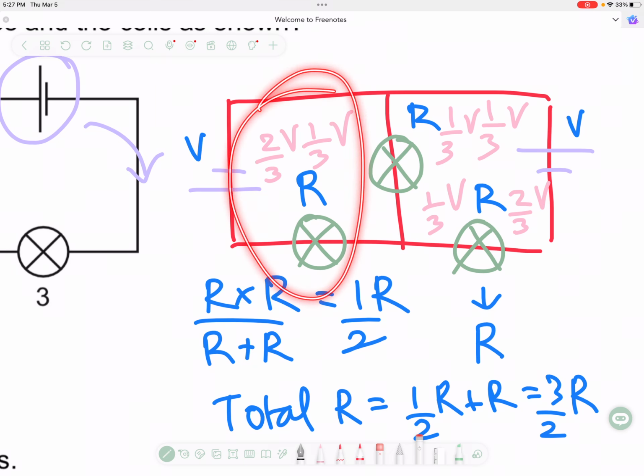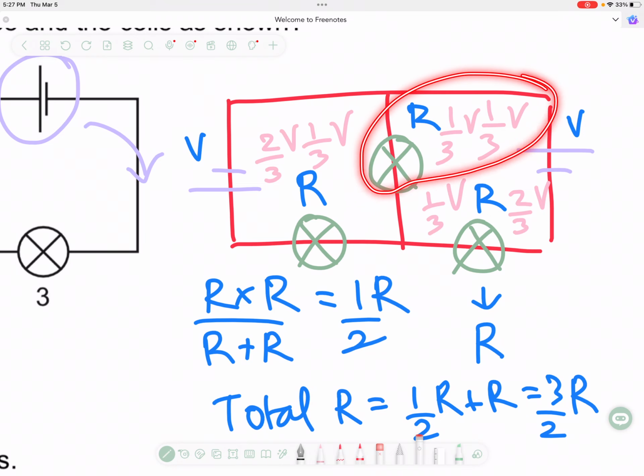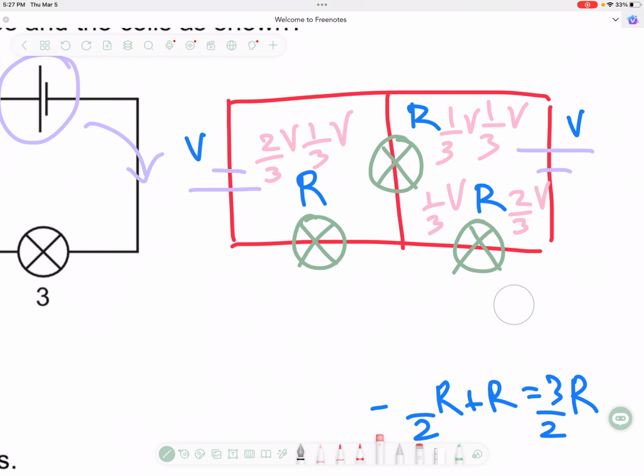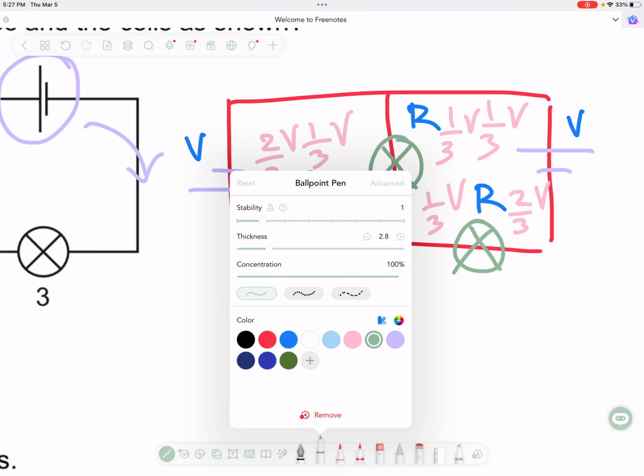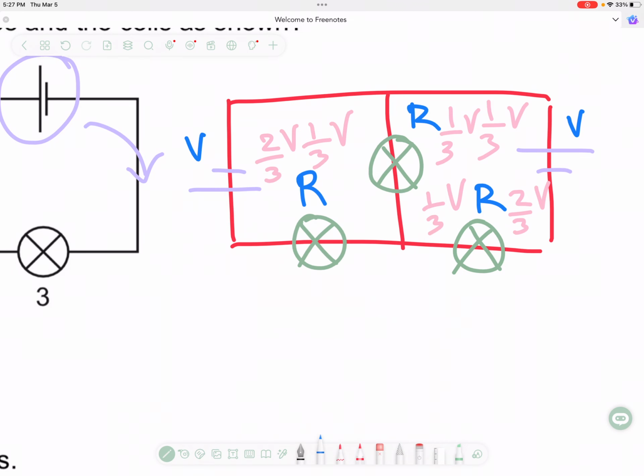These are for this lamp, these are for this lamp, and these are for this lamp. Okay, now we're going to do some addition. So first is L1, this is L2, and this is L3.